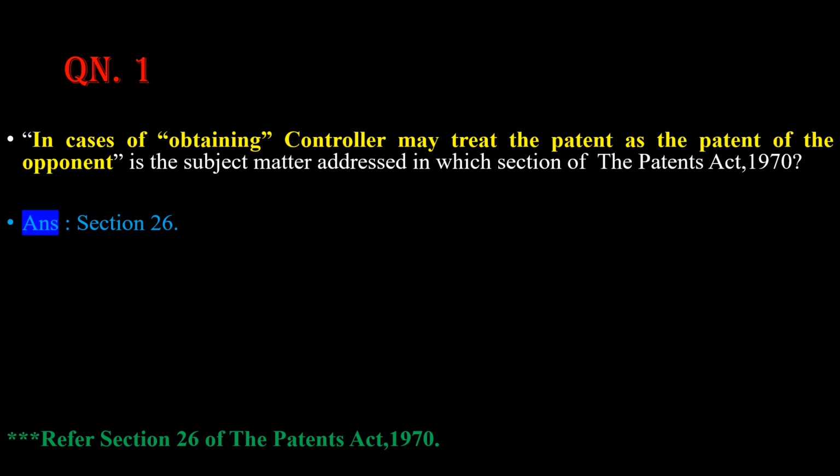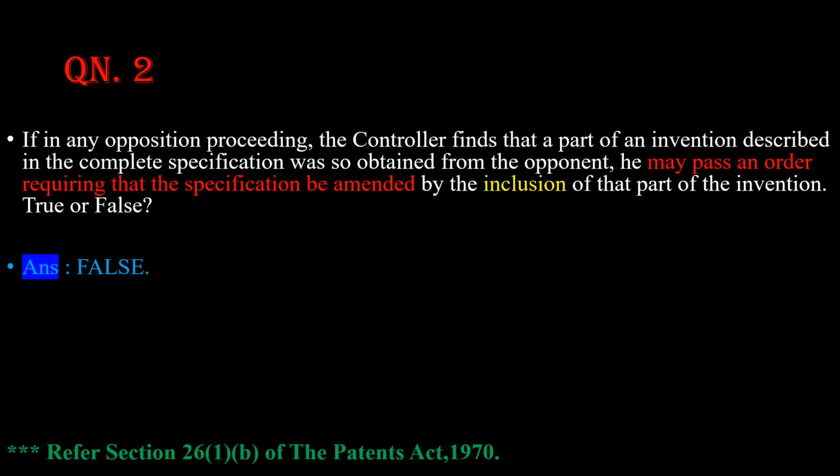Fine, let us proceed. Question number 2. If in any opposition proceeding, the controller finds that a part of an invention described in the complete specification was so obtained from the opponent, he may pass an order requiring that the specification be amended by the inclusion of that part of the invention. True or false?